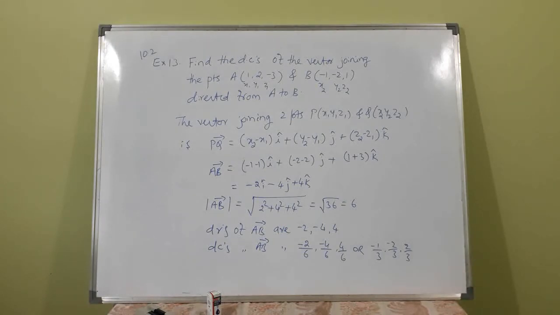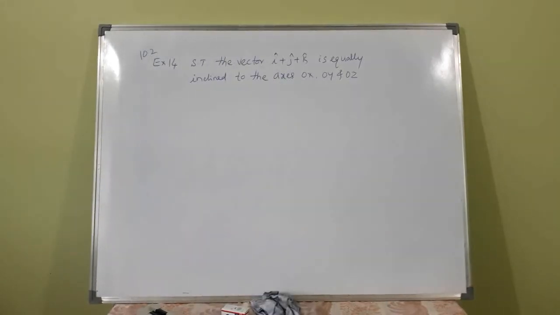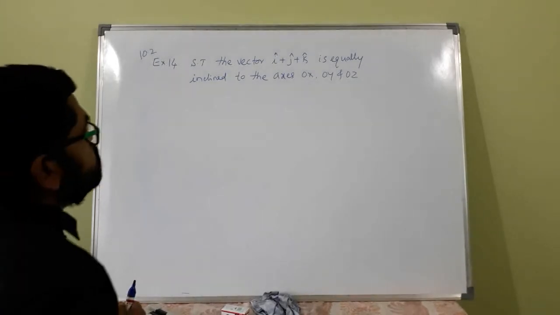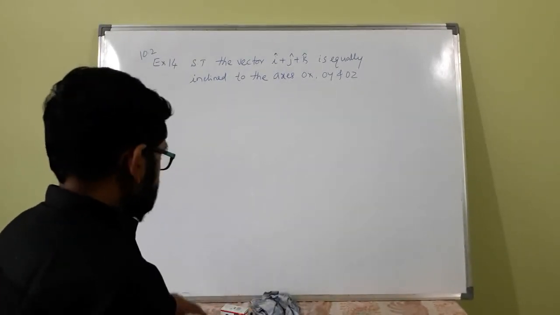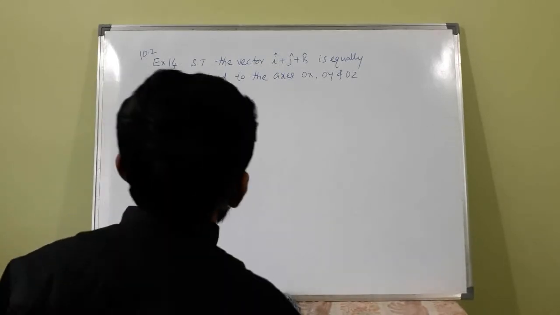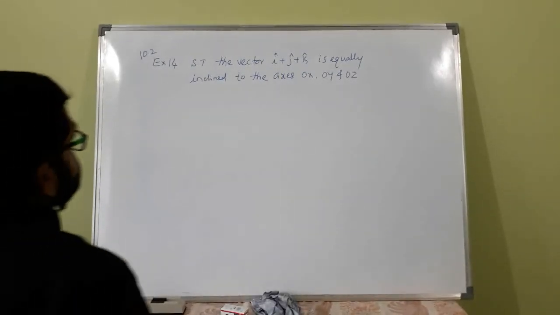You got it? Next example is, show that the vector i plus j plus k is equally inclined to the axes Ox, Oy and Oz, or the angle is same with respect to x, y and z axis.